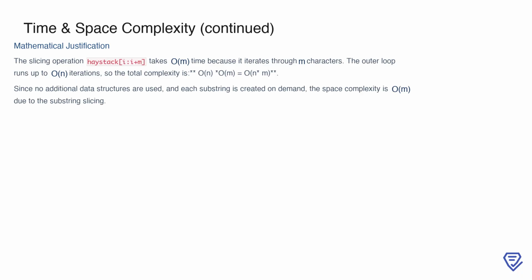Each substring is created on demand during the slicing operation, and its memory is reused in subsequent iterations. This ensures that the peak memory usage for slicing remains constant at O(m). Therefore, the overall space complexity is O(m). While this is acceptable for small inputs, more advanced algorithms like KMP achieve better efficiency both in time and space, making them preferable for larger problem sizes.